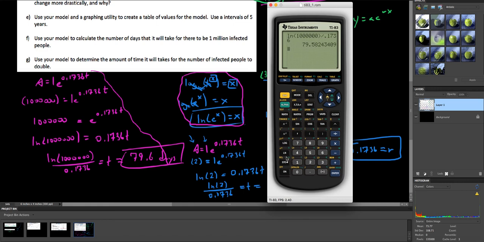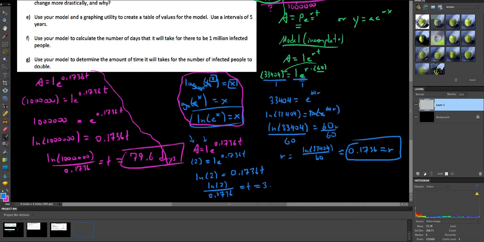We would get the ln of 2 divided by 0.1736, almost 4 days. So about 3.99 days to double. So it's doubling about every 4 days, which is also a scary thought in and of itself.